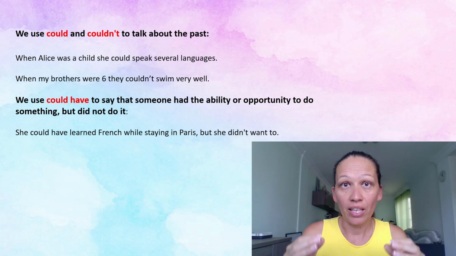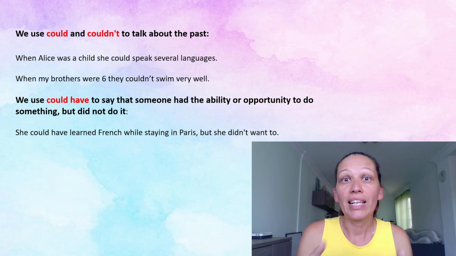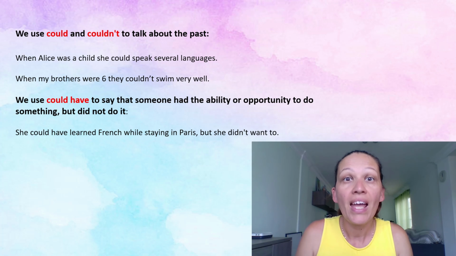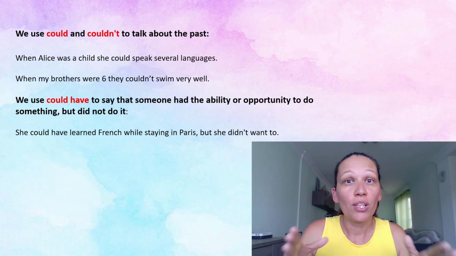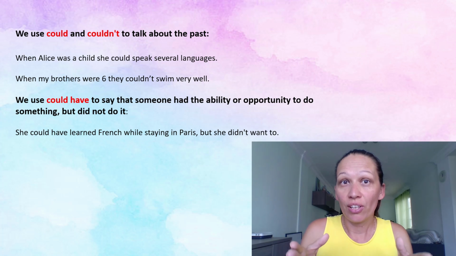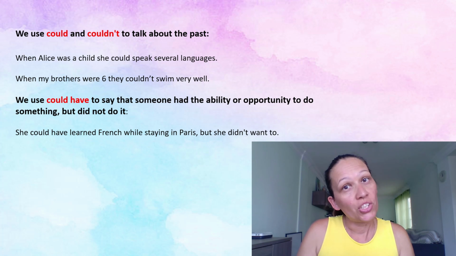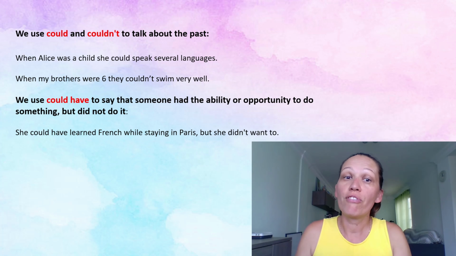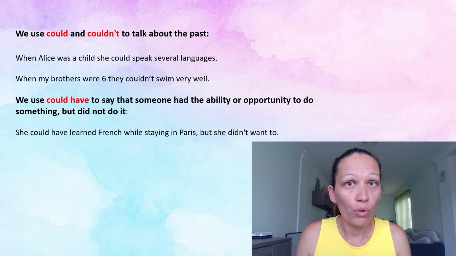So this person, this woman or girl, she lived in Paris or she stayed there on holidays or whatever reason she was there. She stayed there for a certain period of time. She had the opportunity to learn the French language, but she didn't want to. So she didn't learn anything. So we say she could have learned French, but she didn't want to.